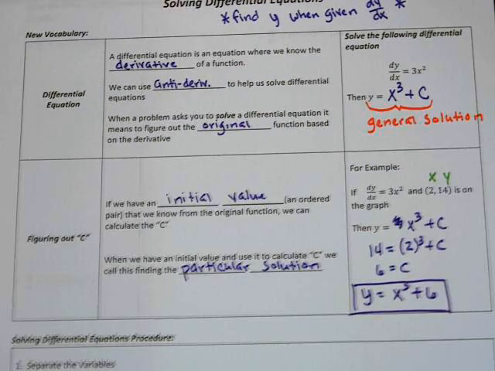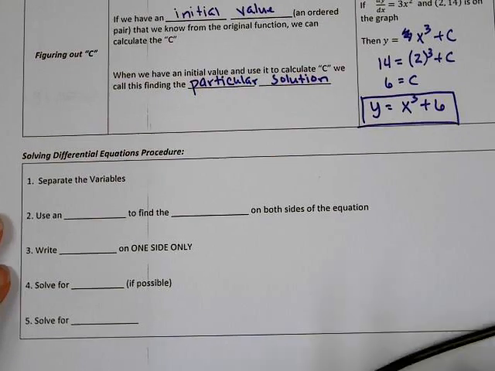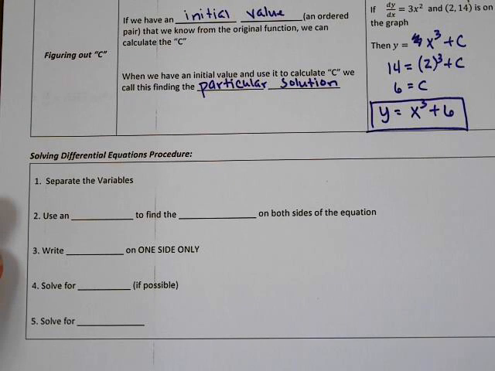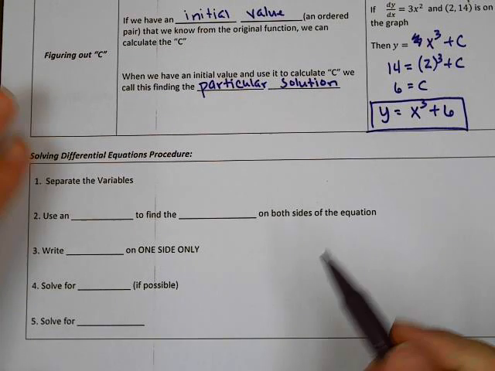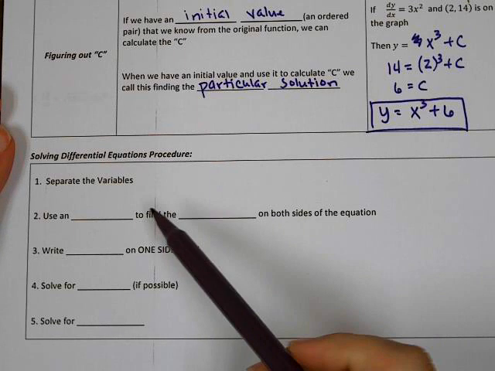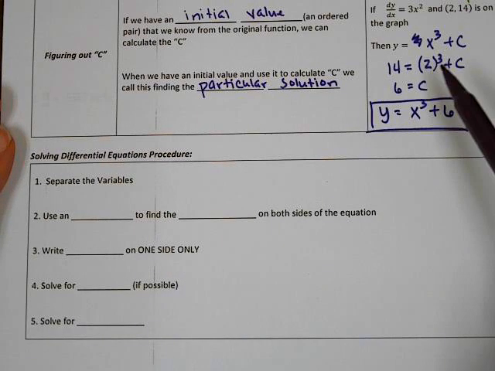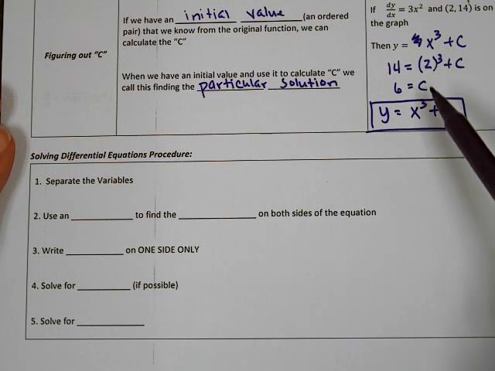All right, so let's go ahead and write the steps really quick before we dive into some examples. The first step is to separate the variables. Now on the example that we did up here, we didn't have to do that. I did one in class where we did.